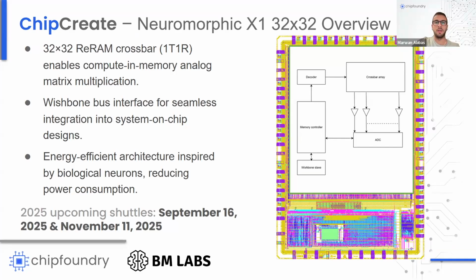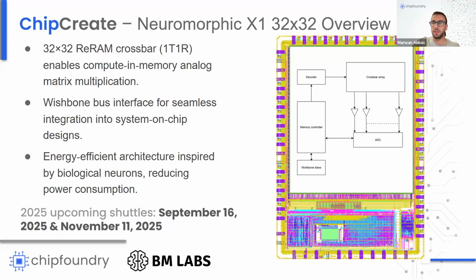Okay. There's another question here that I can actually answer. Can you please emphasize what the actual offering is? Is it the macro, and if so, what are X1, X2, and X3? The offering here is the IP, the macro itself that you can integrate inside your design. The difference between X1, X2, and X3 is just three different generations of the same IP.